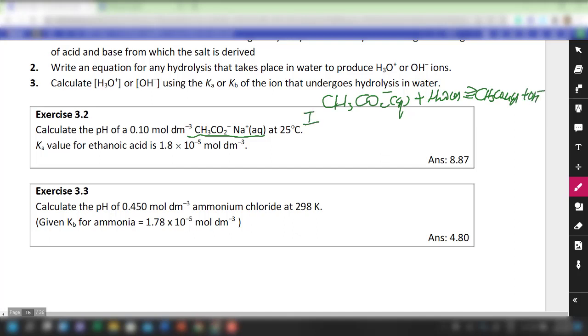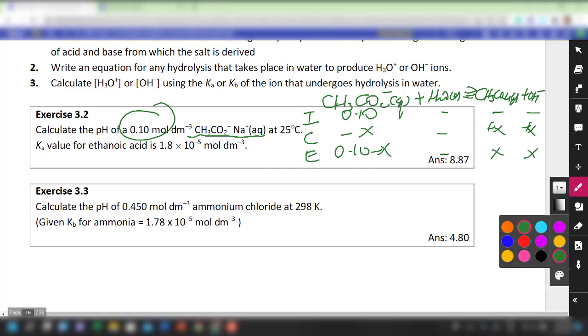Then I stable. Given the concentration to be 0.10, and then change: minus x, plus x, plus x. So 0.10 minus x, x, x.